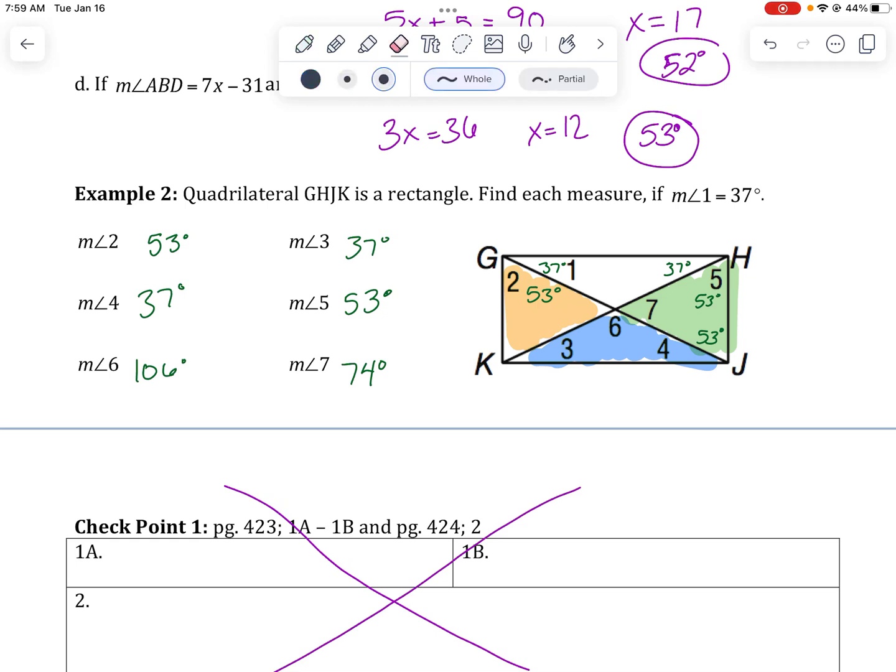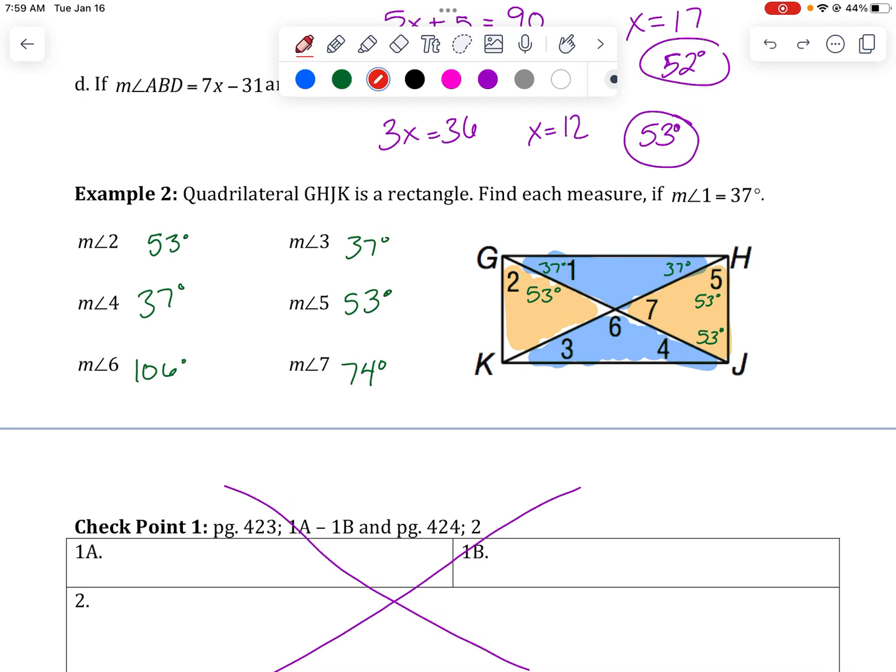The key here, how did I do that? Is because these are congruent diagonals. These are actually congruent triangles on the left and right, congruent triangles on the top and bottom. But how did I know that this was 37 degrees?